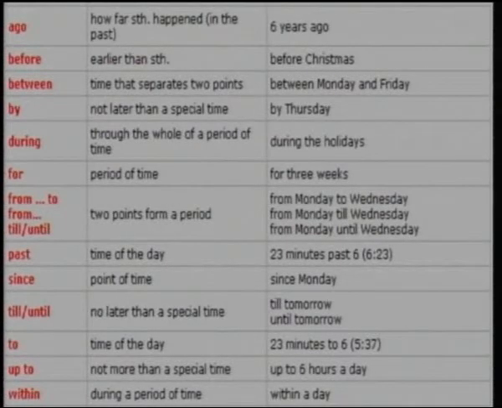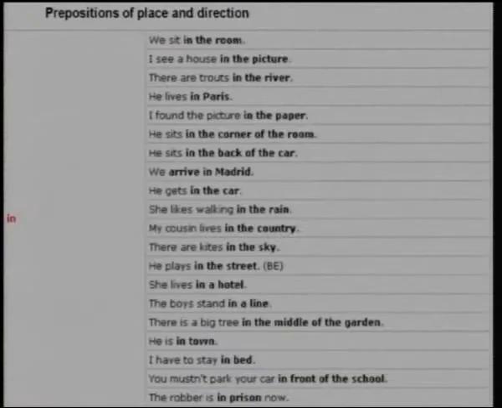Up to means not more than a specific time. Up to 6 hours a day. Within means during a period of time, within a day. I will finish the project within a day. Within 2 days. Within a month. Within a year.